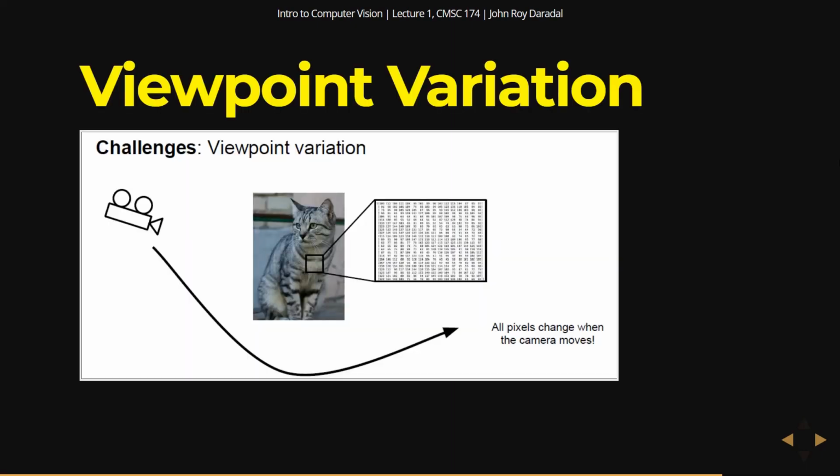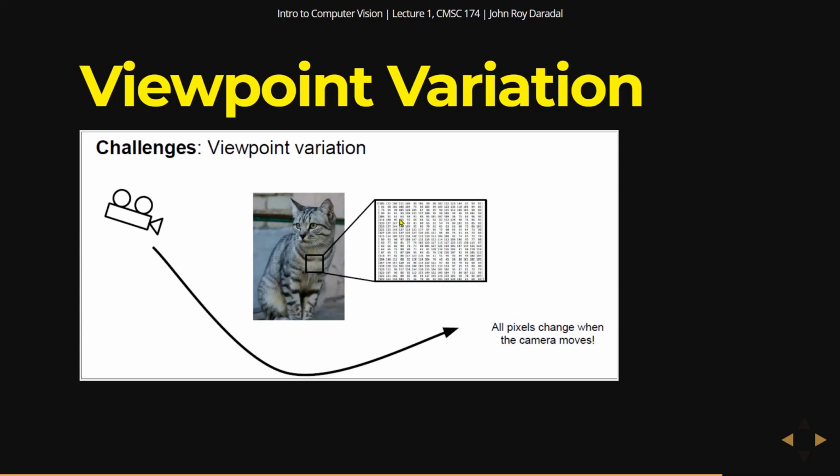So first is viewpoint variation. What does this mean? Viewpoint variation means that you can take a picture of an object at different angles, and for us humans it would seemingly look the same, but for the computer it would be totally different.